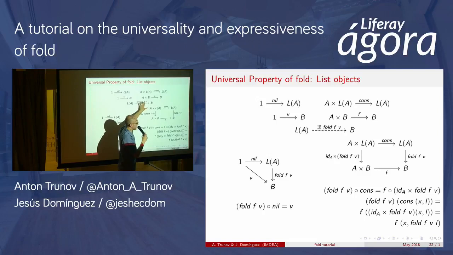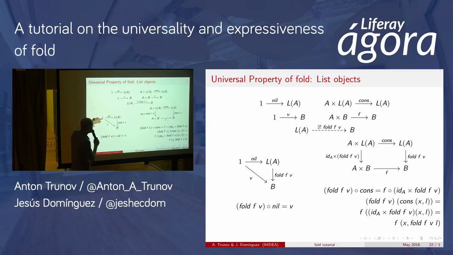So there exists some function that I am naming like this, satisfying the following. It makes the following two diagrams commute. What does that mean? In category theory, when you say that the diagram commutes, it means that any two forking paths in the diagram will lead to the same result. And following a path means composing the functions along the way.